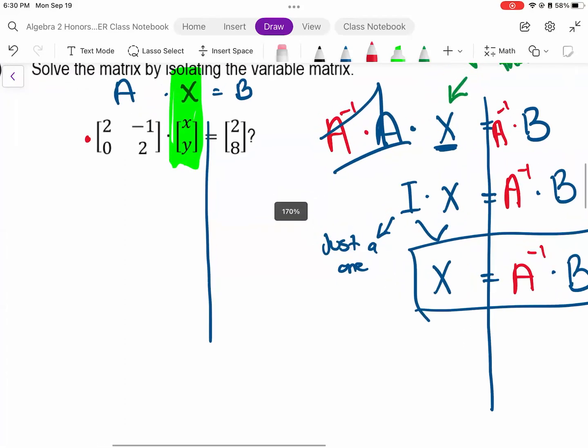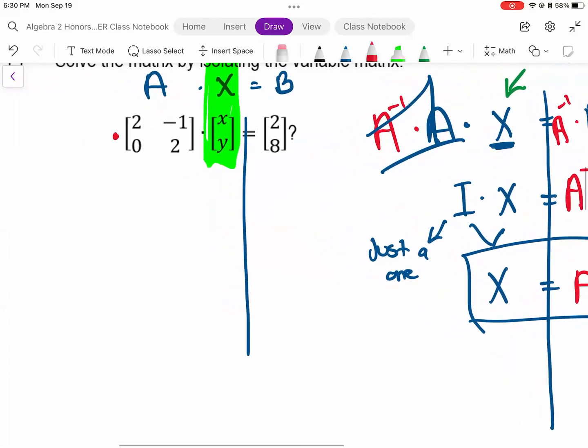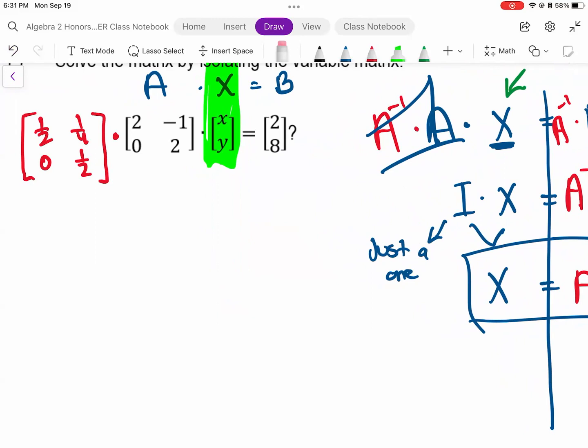I literally just used my calculator, so I know that the inverse matrix is going to be 1/2, 1/4, 0, and 1/2. Remember, whatever I do to one side, I'm going to do to the other. I'm going to rewrite this because the order matters, so that inverse matrix is going to be there.